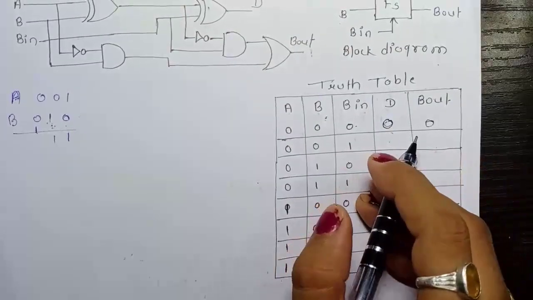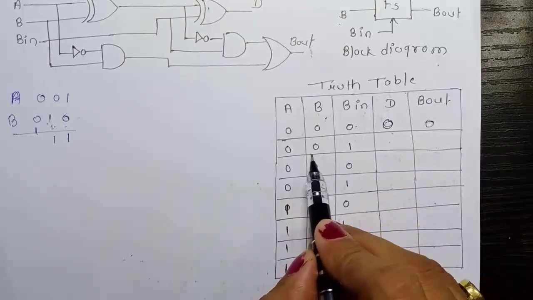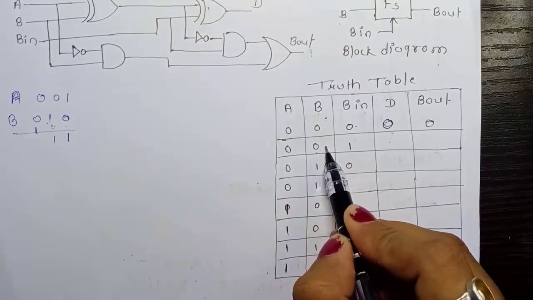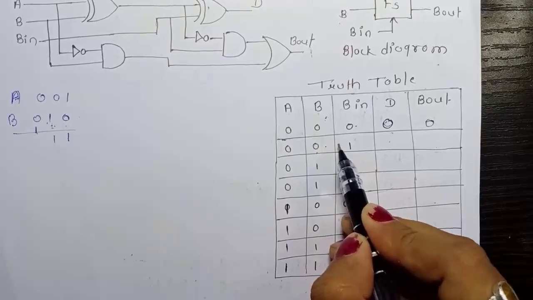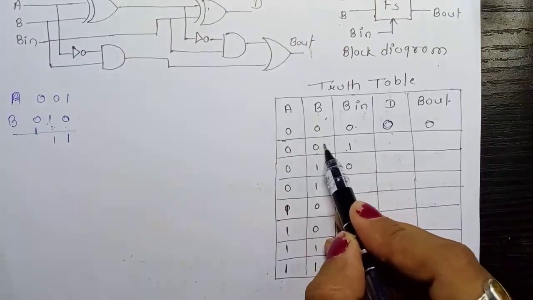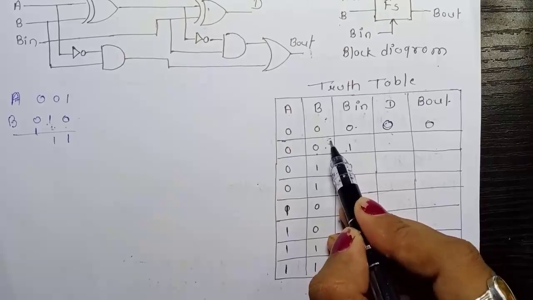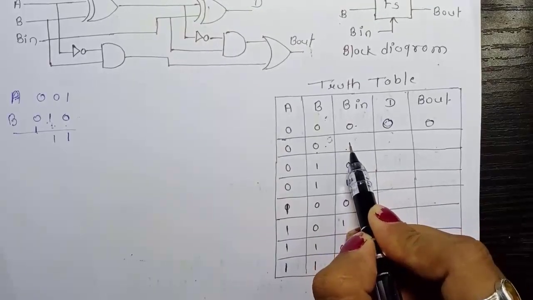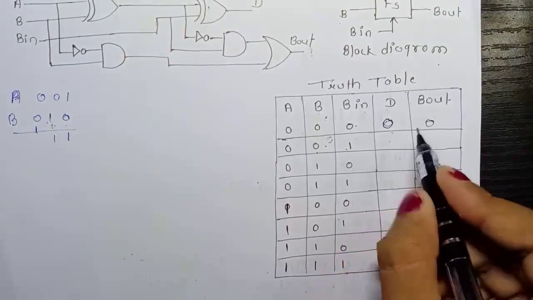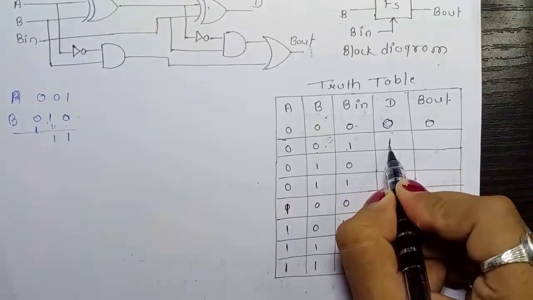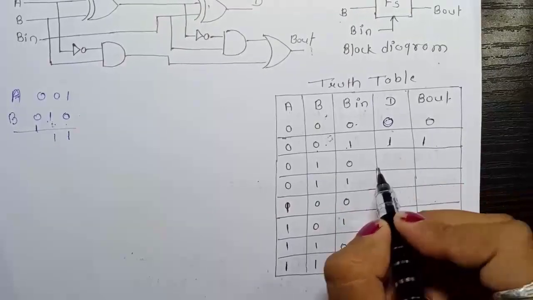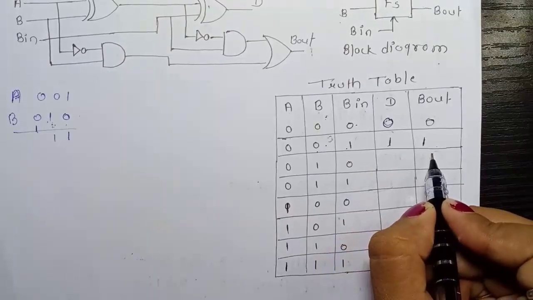In the same way, 0 minus 0 is 0. The difference up to here is 0. After that the difference again is subtracted with 1, means 0 minus 1. First 0 minus 0 is 0, then this 0 minus 1. When you are having 0 minus 1, your difference is 1 and borrow is 1. So here difference is 1 and borrow is 1.